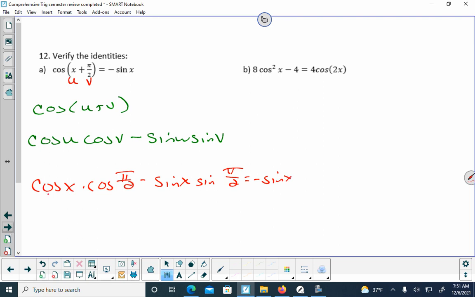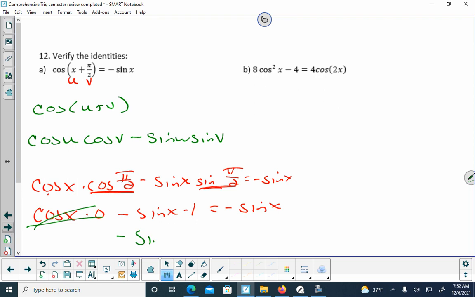So here, cosine of x I can't do anything with, so I'm just going to write cosine of x. The cosine of pi over 2 is 0, minus the sine of x, and then the sine of pi over 2 is 1. This will equal 0. Anything times 0 will equal 0, so I'm going to be left with negative sine x is equal to negative sine x. So I verified my identity.